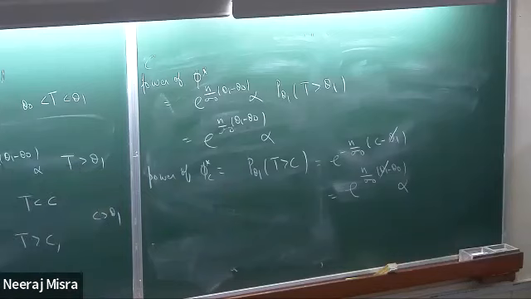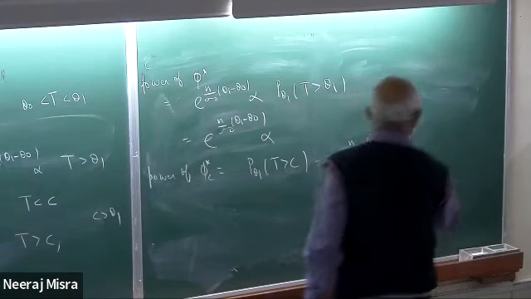Now note that here this C does not depend on theta 1. So whatever test you are getting now would also be uniformly most powerful for testing theta equal to theta naught against theta bigger than theta naught. Is that okay? Because C is not depending on theta 1.